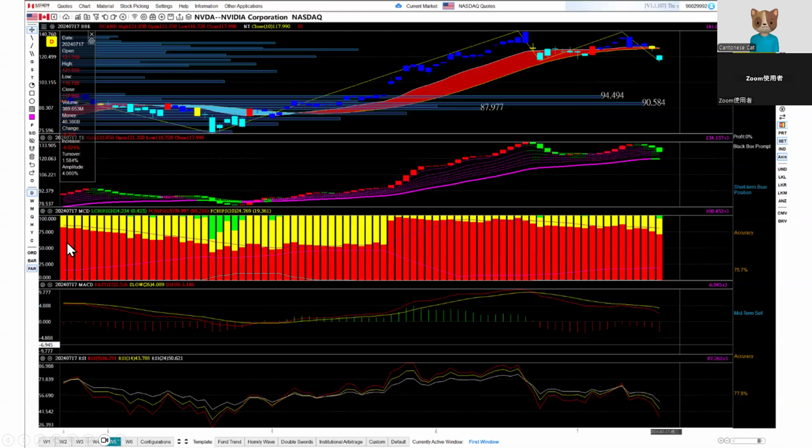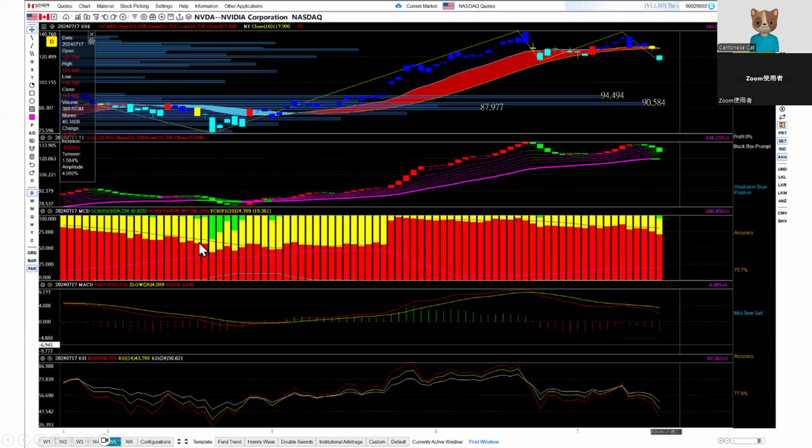Because sometimes if the stock is retail dominated, for example, retail accumulation accounts for more than 50%, it's very hard for the stock to pick up momentum because the whales are not in full control. That's why we set the percentage at 50%.